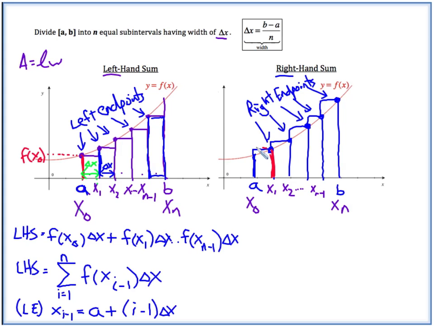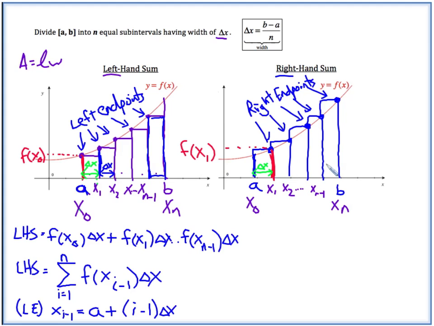This height is going to correspond to f of x sub 1, or f of this x value right here. And it turns out that our delta x is still the width of the rectangle, and is determined by this formula right up here.